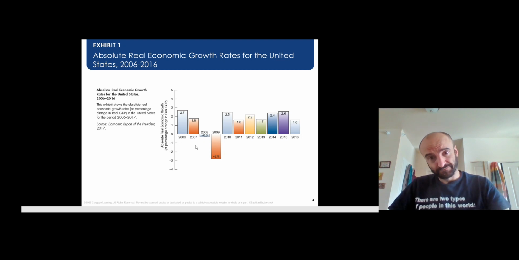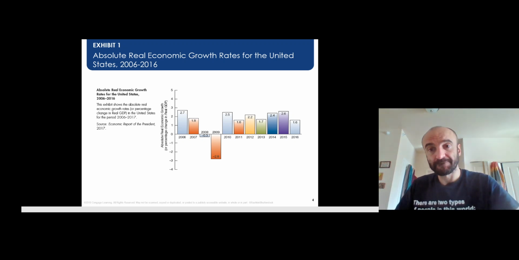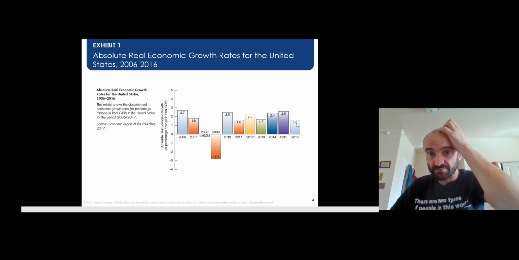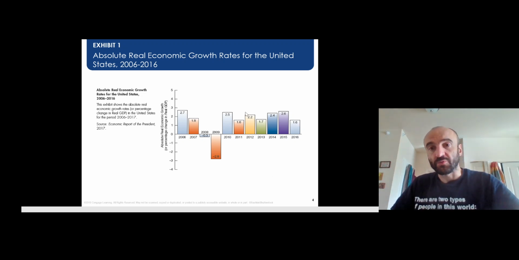We didn't hit that under Obama and in the last few years of George W. Bush, and I may add even under Trump, we didn't hit 3% in a single year. So that's bad news. If this trend continues for the next 30, 40, 50 years, America is going to become a much less dominant economic power in the world.